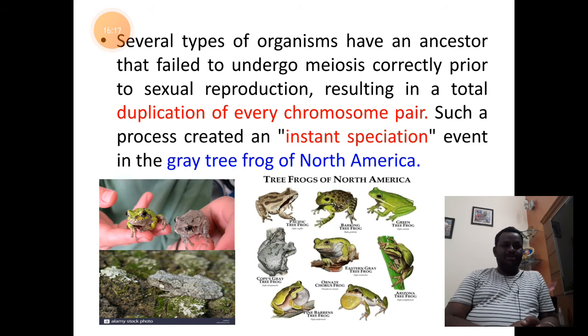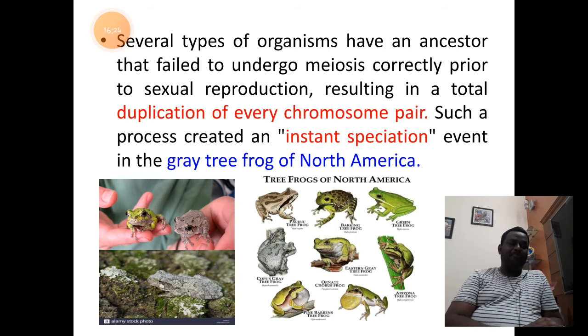Another example to cite is the grey tree frog of North America. In this species of frog, their ancestor failed to undergo meiosis correctly before the process of sexual reproduction. So the mutational effect is a duplication of every chromosome pair which is seen in this variety of frog.